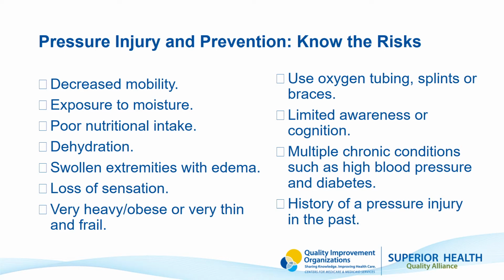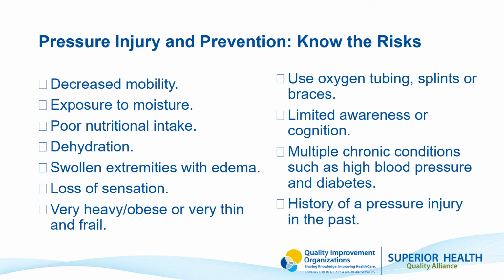Aging residents are also at increased risk if they have decreased mobility or an inability to move or shift positions on their own. Exposure to moisture on the skin caused by incontinence of urine or stool, sweaty or moist skin folds, or a wound that is oozing or draining.